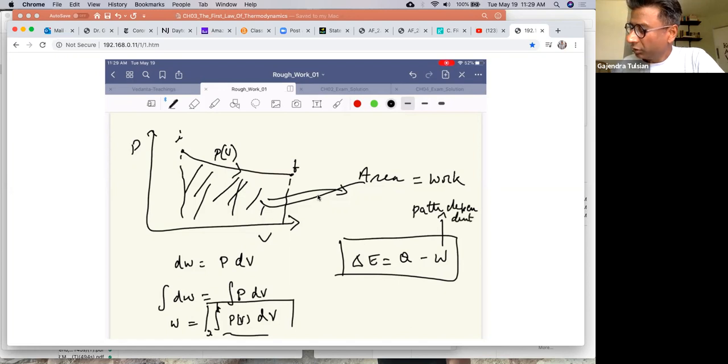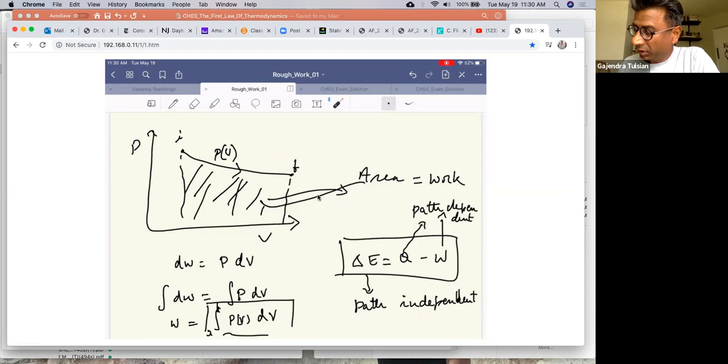And it turns out Q is also path dependent. But their difference, this is path independent. So what we're saying is you can go from here to here. The change in internal energy is path independent.